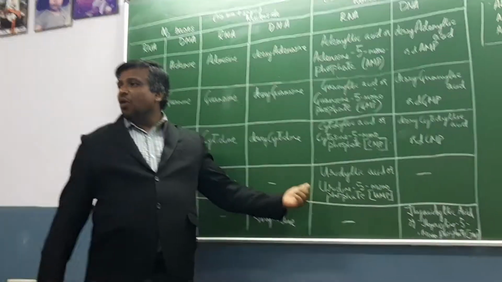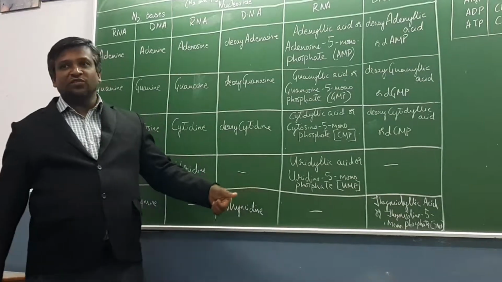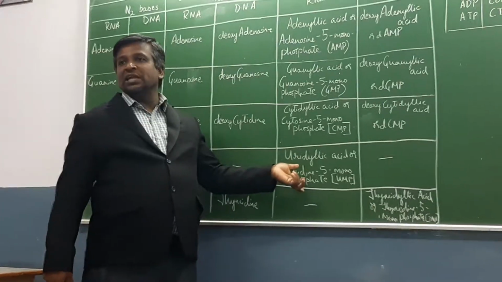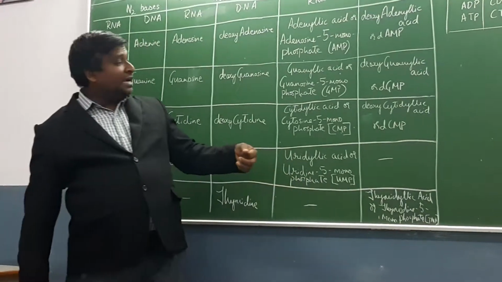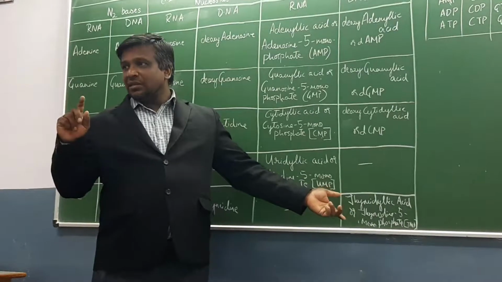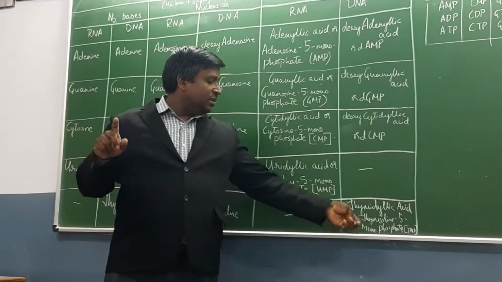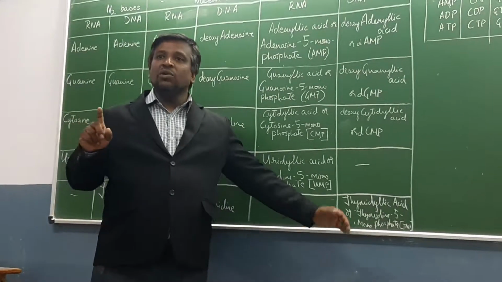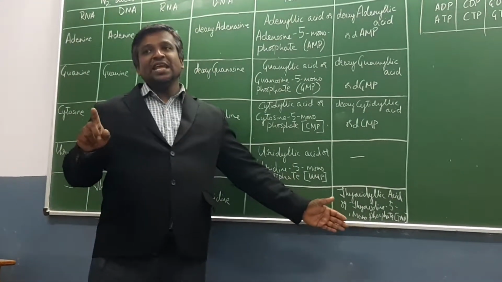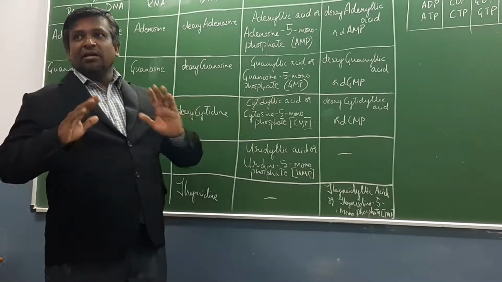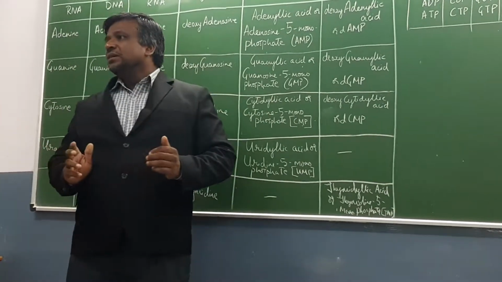Uridylic acid or uridine 5-monophosphate. This nucleotide is found only in case of RNA, and it is absent in case of DNA. Thymidylic acid or thymidine 5-monophosphate, TMP, is found only in case of DNA and absent in RNA. That is the purpose of understanding this table.